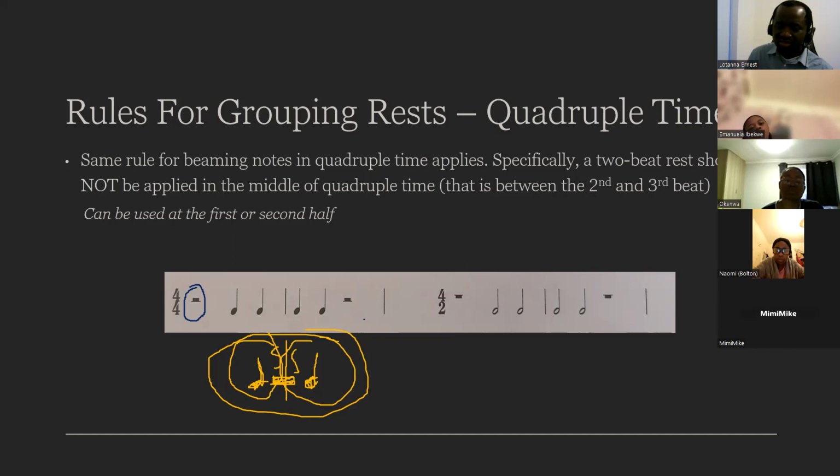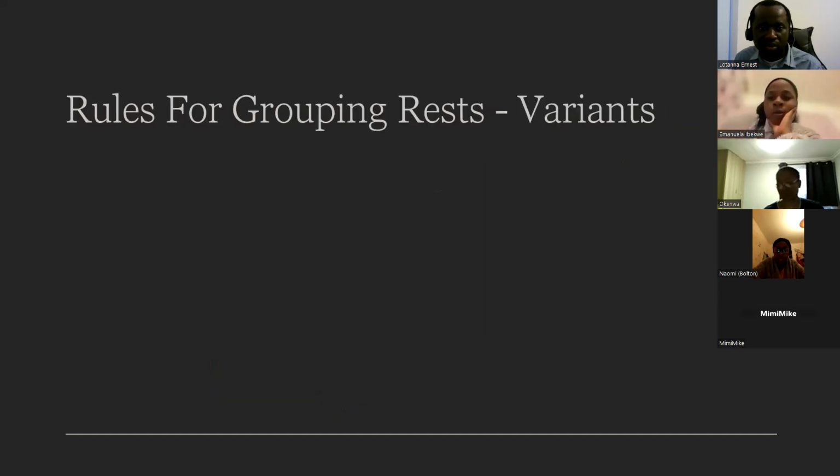If you are rewriting it, just divide it so that you have 2 crochets. This crochet note has its own crochet rest. This crochet rest has its own crochet note. And everybody is happy. Do you understand the point now? So for 4/4, remember you don't block the second and third beat, whether it is notes or rests. You have to look for a way to work around it.